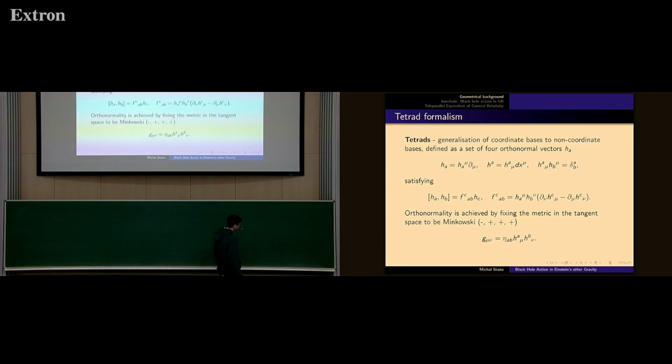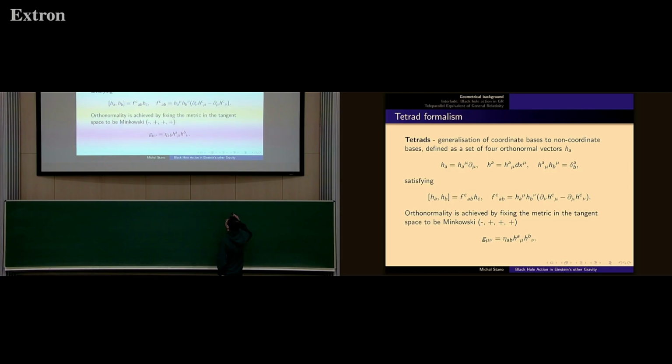In general, these anholonomy coefficients are non-trivial only for non-coordinate bases, and therefore they are sometimes referred to as anholonomic bases. On the other hand, the coordinate bases, sometimes referred to as holonomic, have very trivial commutators, since the coordinate bases are given in terms of partial derivatives, which trivially commute. Therefore, their commutator will turn out trivial.